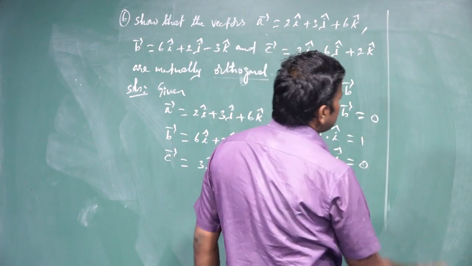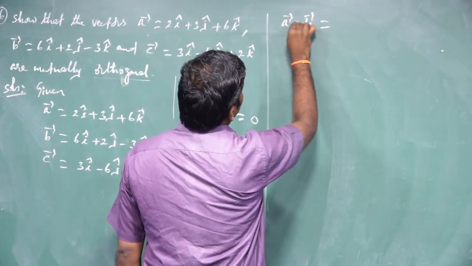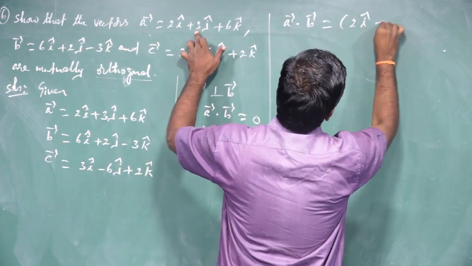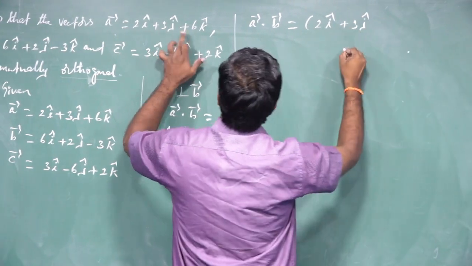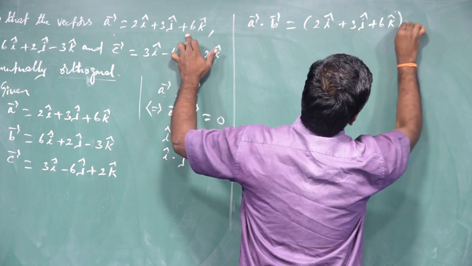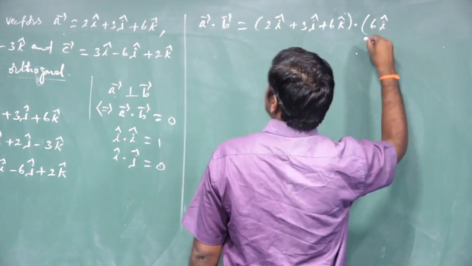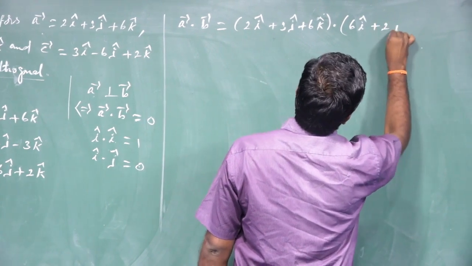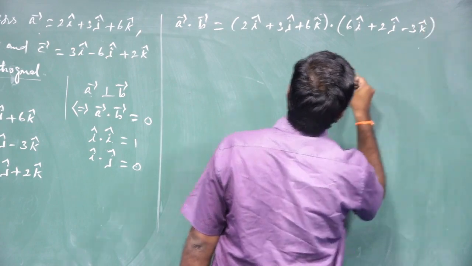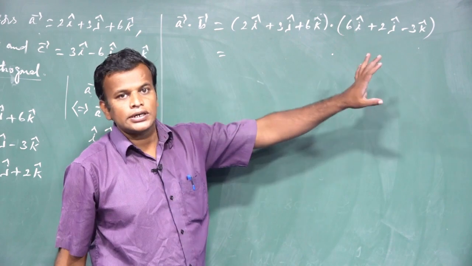First, we find the dot product of a and b. a vector is 2 i cap plus 3 j cap plus 6 k cap, dot b vector. The value of b vector is 6 i cap plus 2 j cap minus 3 k cap.